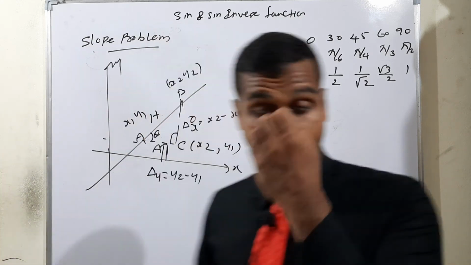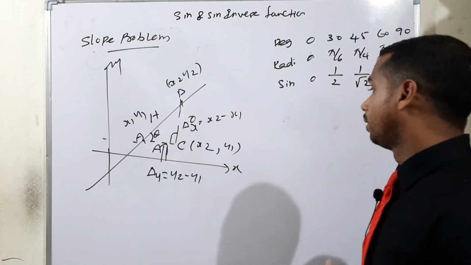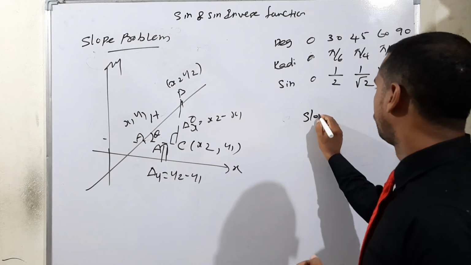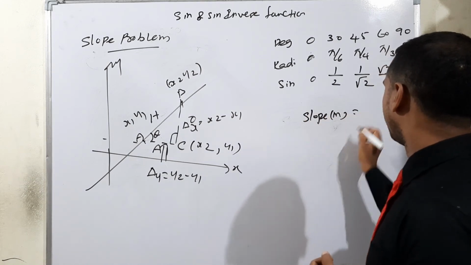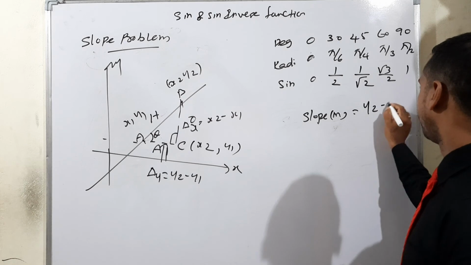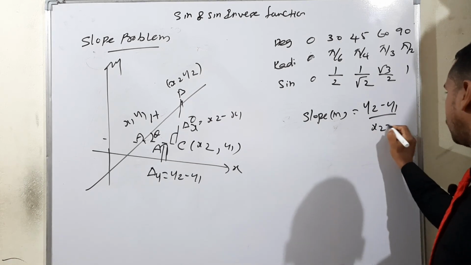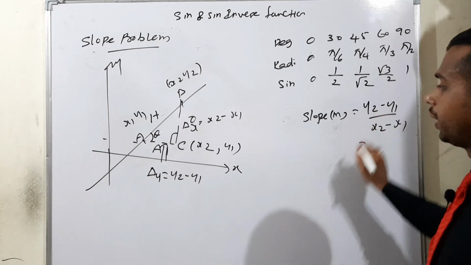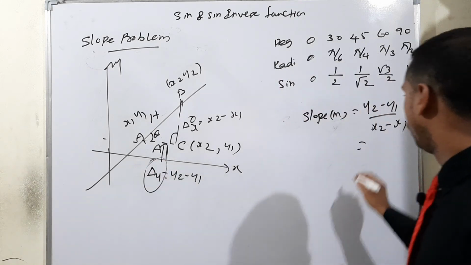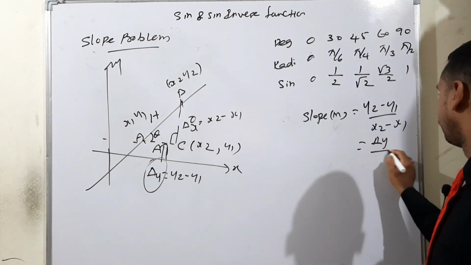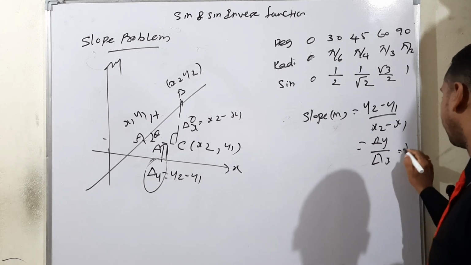So the slope of the point, what is the formula? Already you know, isn't it? Slope m is equal to y2 minus y1 divided by x2 minus x1. What is the meaning of y2 minus y1? Del y divided by del x. This is called tan theta.